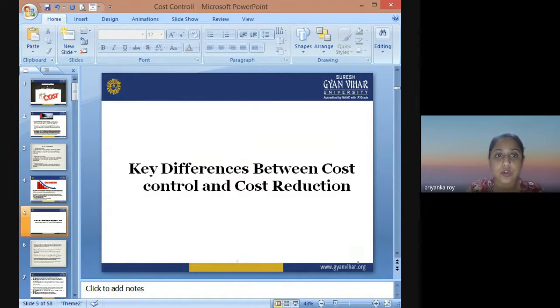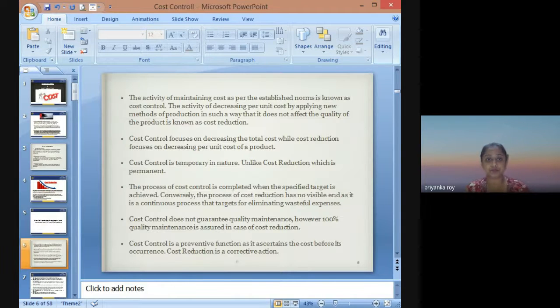The key difference between cost control and cost reduction is that the activity of maintaining cost as per the established norm is known as cost control, and the activity of decreasing per-unit cost by applying new methods of production, in such a way that it does not affect the quality of production, is known as cost reduction.